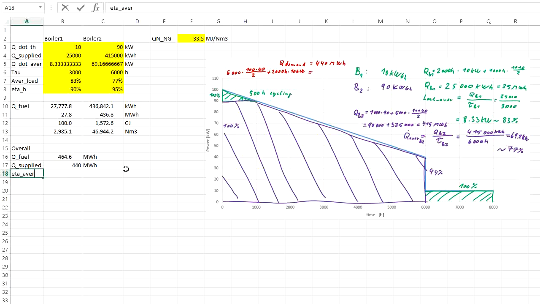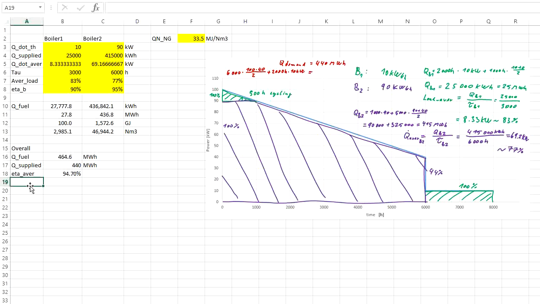So we can get the average efficiency of the whole boilers in the whole system as Q supplied divided by the heat in the fuel, and we will see that as most of the heat is provided by the large boiler with high efficiency, we are just very slightly under the 95%, where the 95% is the big boiler.